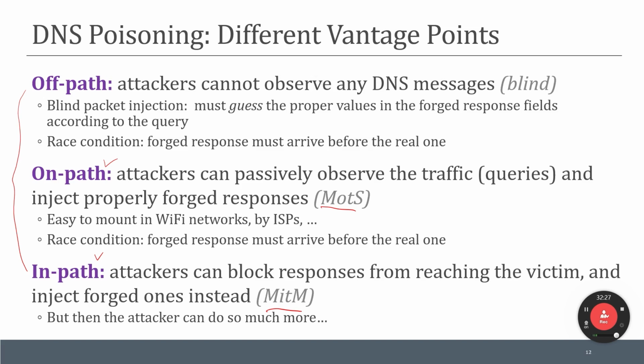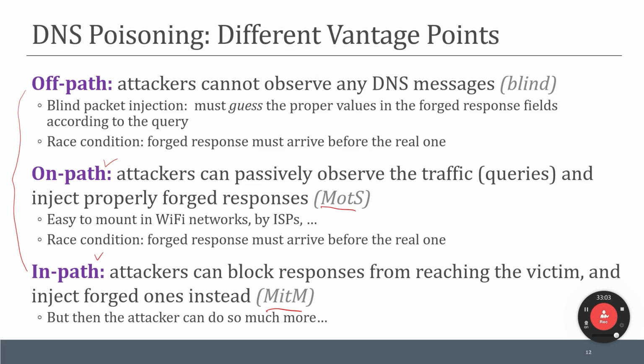And this is the same with the on-path vantage point. Here, attackers can passively observe the traffic, say DNS queries, and then inject properly forged responses. So if you think about injecting the reset message, something like that. And it's very easy to mount, particularly in Wi-Fi networks. And it also requires the race condition, like off-path.